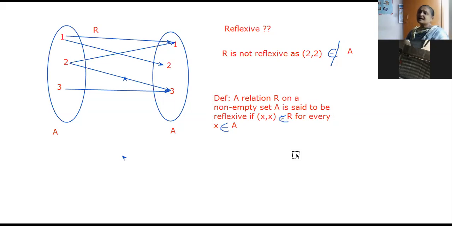A relation R on a non-empty set A is said to be reflexive. Let me underline the word reflexive. It is said to be reflexive if ordered pair (x, x) belongs to R for every x belonging to A. So "for every" is very, very essential. Hope it is over.